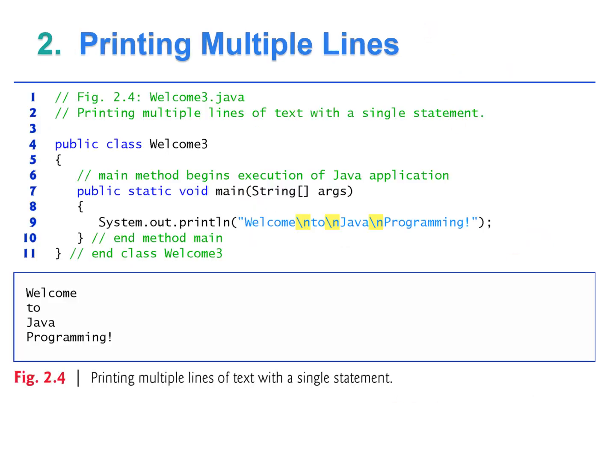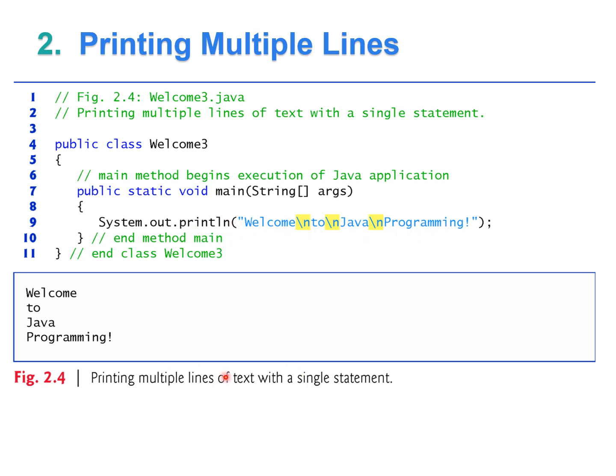Our next example, which is in the Welcome Three program, shows you how to print multiple lines of text with a single println statement. This program is the same as our Welcome One program, except that we insert three new characters denoted by \n into the string argument of the println statement.